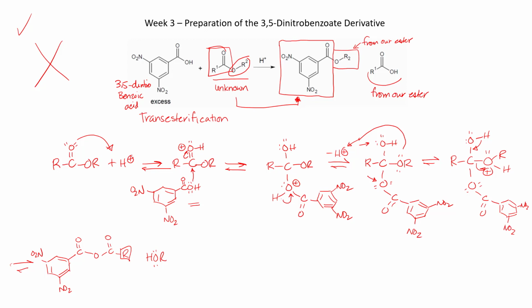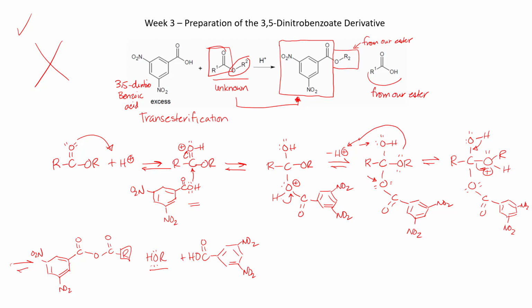And remember, there was excess 3,5-dinitrobenzoic acid present, so this alcohol can do one of two things. It can react with the excess of the 3,5-dinitrobenzoic acid. So once I form this anhydride, let's forget about it.